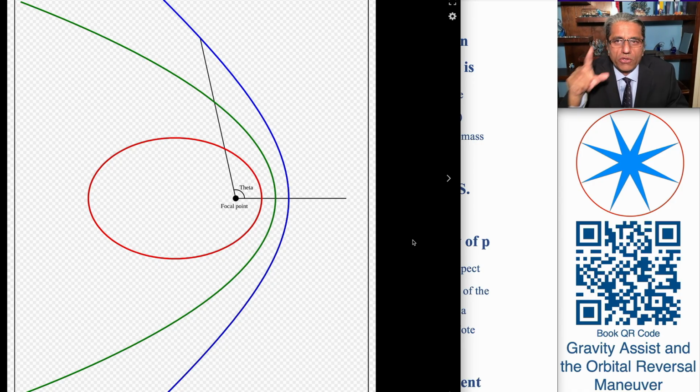The one thing you're going to use is that in an inertial frame of reference in which the celestial body is stationary, let's say it's a planet, in the planet inertial frame of reference, the orbit of the spacecraft is going to be either a parabola or a hyperbola, assuming it is not captured by the planet.